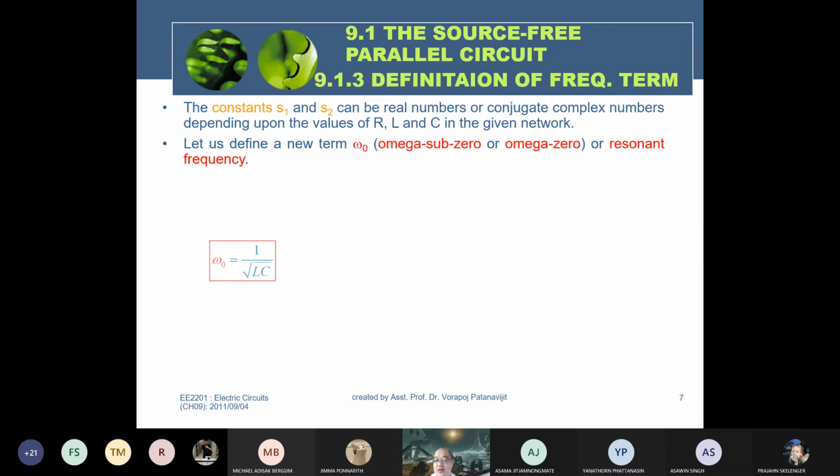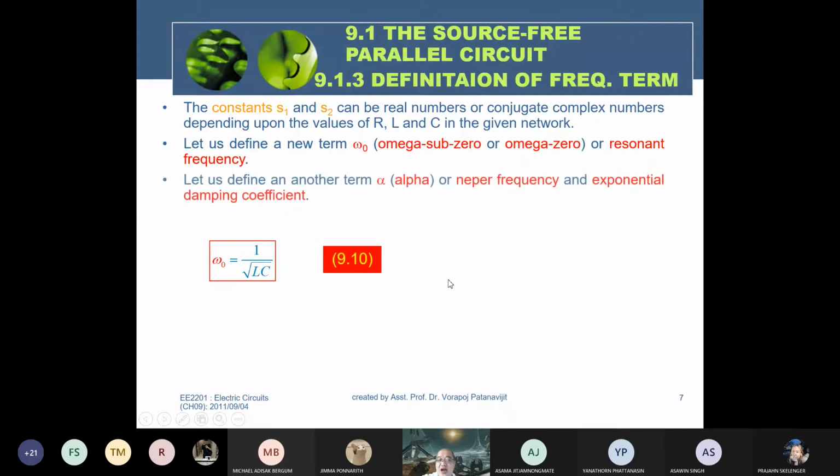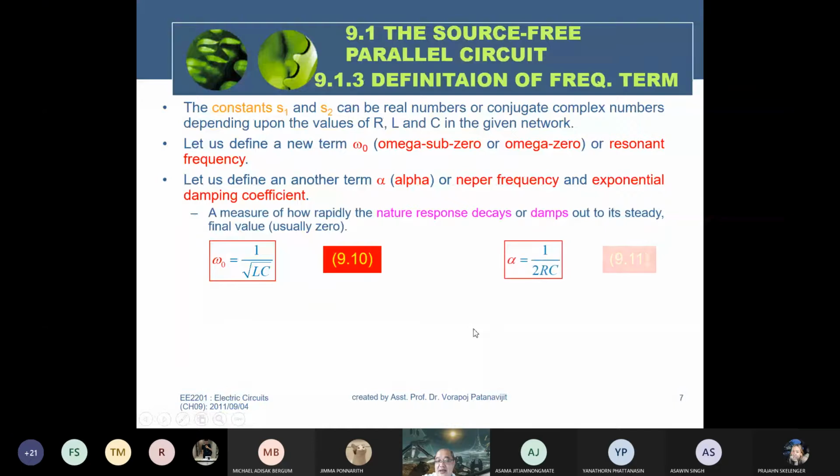Let us define a new term, omega 0, the resonant frequency. Omega 0 is equal to 1 divided by the square root of LC, in equation 10. And let us define another term, alpha, sometimes called the neper frequency or the exponential damping frequency. It measures how rapidly the natural response decays and damps out to its steady state final value.